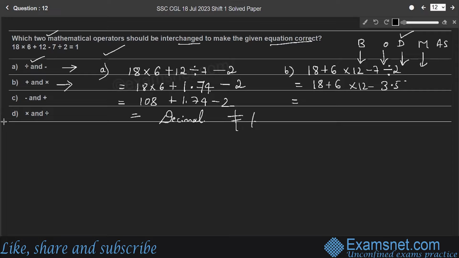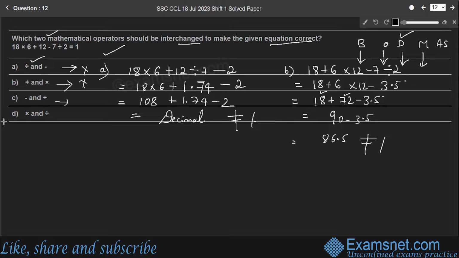So next comes multiplication, 18 plus 72 minus 3.5. Next comes addition, add 18 and 72, 90, minus 3.5, you will get a decimal, which is 86.5, which is not equal to 1. Therefore, option B is not the answer.